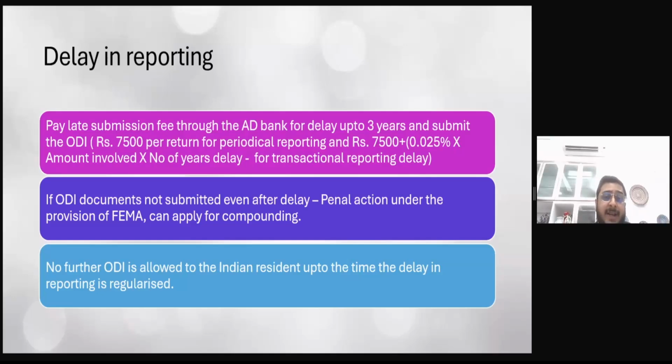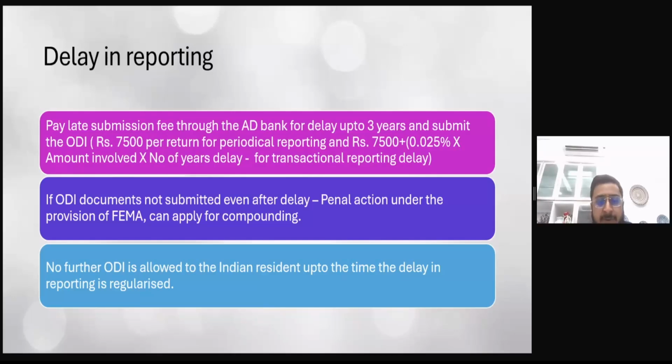Now, if there's a delay in filing a form for a transaction-based document, for example ODI, FCTRS, or FCGPR, then the penalty is rupees 7,500 plus 0.025% of the amount involved into the number of years of delay.